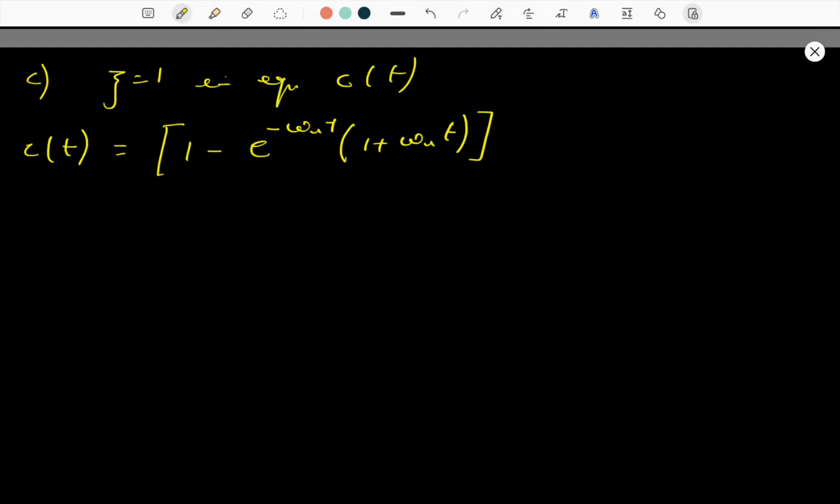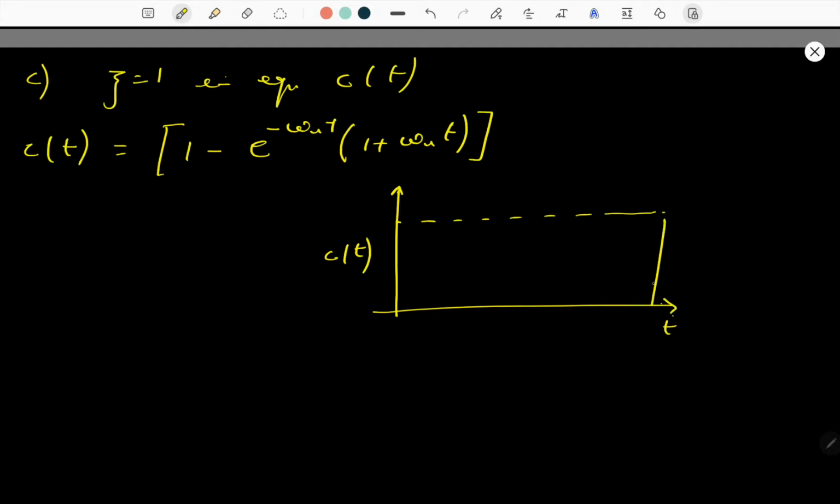So when we plot this time response, this is the line, that is C(t) over here, t over here. This is the unity input. This is 1 unit. Okay, so we will get it like this.